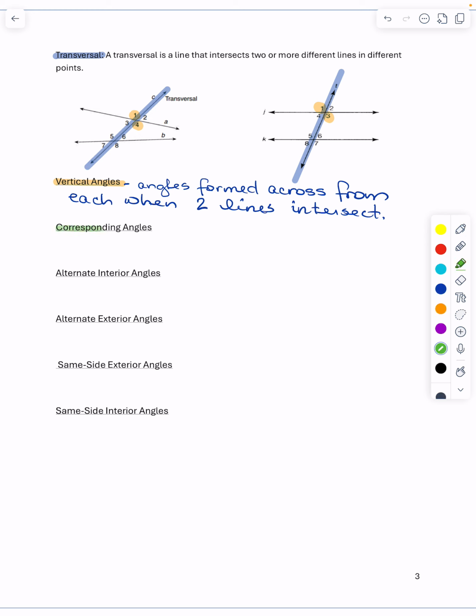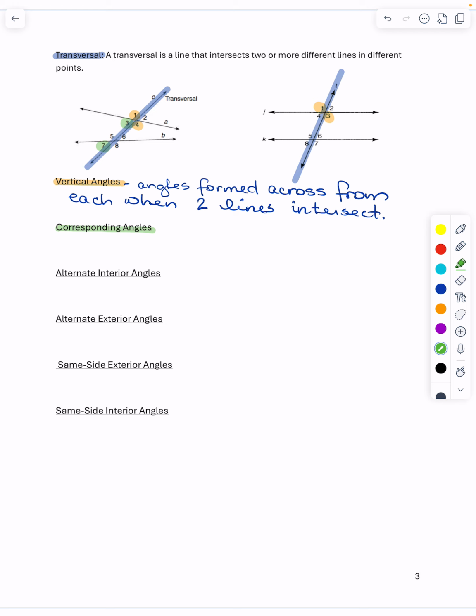Angles are corresponding if they are in the same place. So take a look at the example on the left. When that transversal intersects line A, angle 3 is in that bottom left corner. When it intersects line B, that's angle 7. Okay.